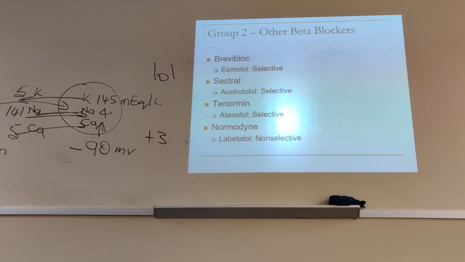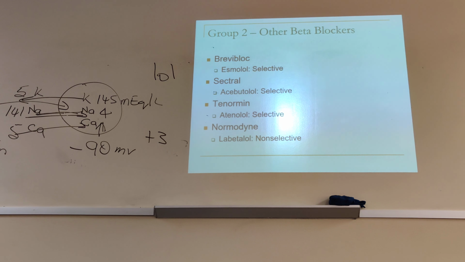Okay? Now, these are the ones that we also have to remember. Sometimes they may use them to write a question. Here's a patient that just arrived in the emergency room, receiving Tenormin or whatever. At least you know what they're talking about. So we have Brevibloc, esmolol, that's selective. So that one will only block the beta-1 receptor side. We have Zebeta, bisoprolol. A lot of people take that one for hypertension.